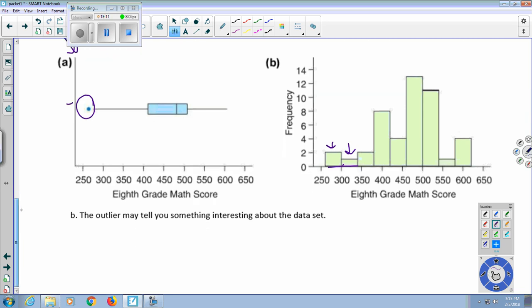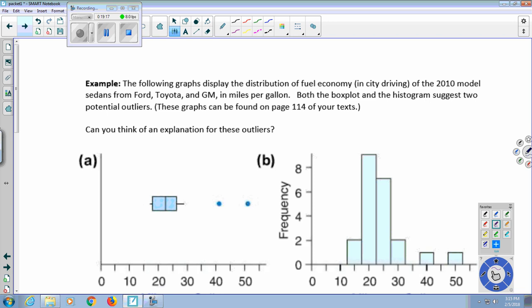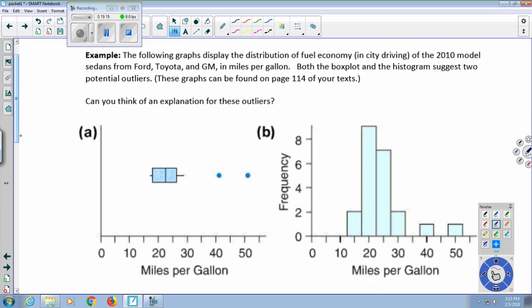Another scenario might be that the outlier might tell you something interesting about the data set. For example, these graphs here about fuel economy of 2010 model sedans from Ford, Toyota, and GM both suggest 2 potential outliers, both the histogram and the box plot.